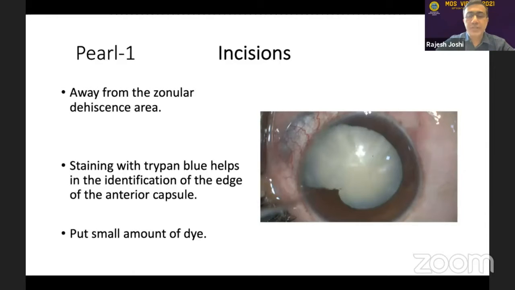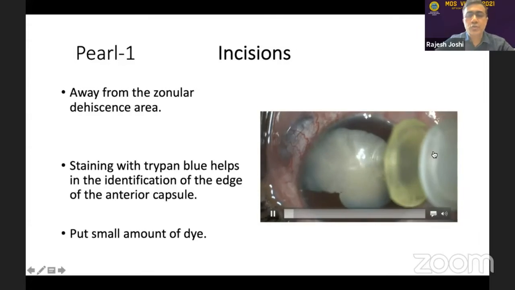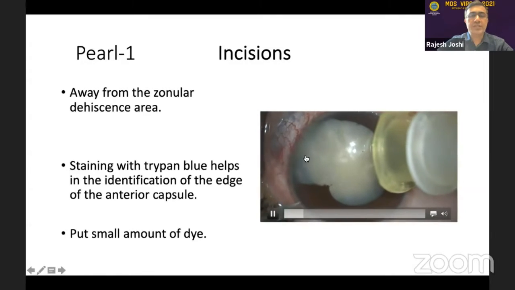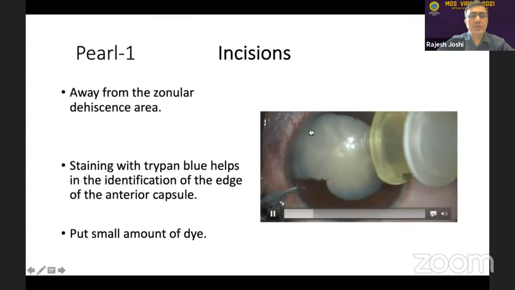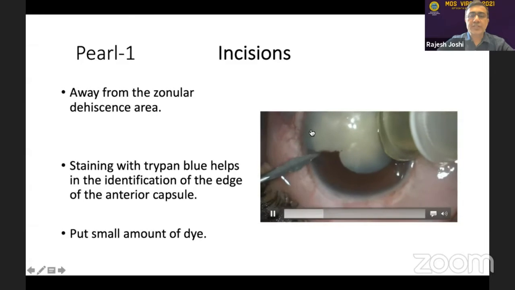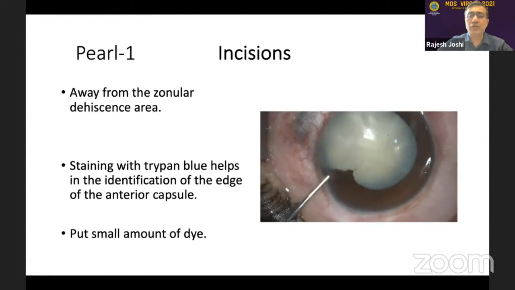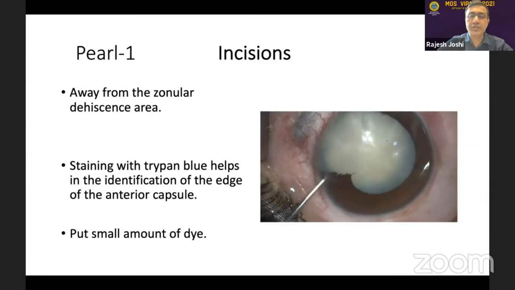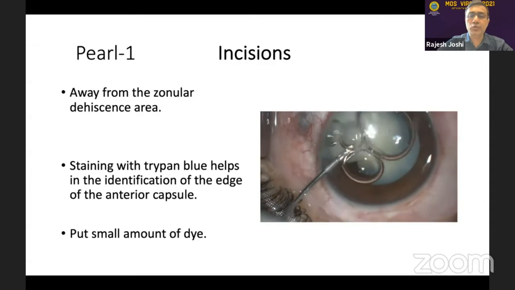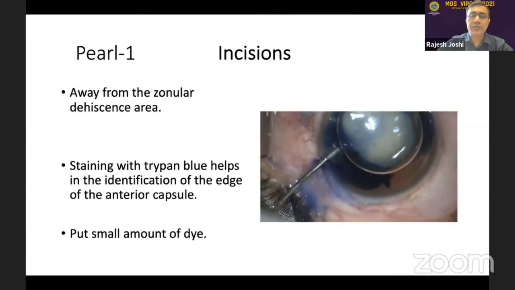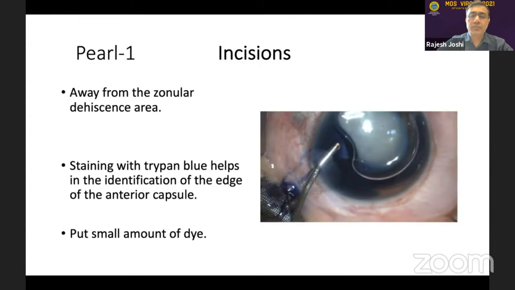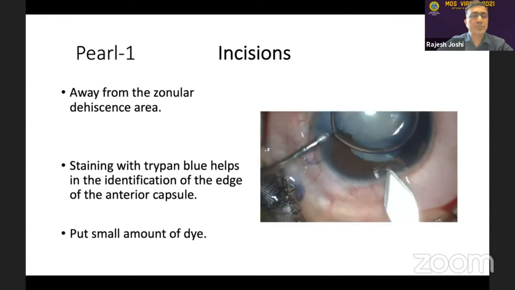Now, pearl number 1, incision. The incision should be away from the zonular dehiscence area. Because if it is in the zonular dehiscence area, there are likely to be problems, because fluid may go inside or viscoelastic may go into the vitreous cavity, and at the outset we don't want such a thing to happen before we go on to the main surgical procedure.